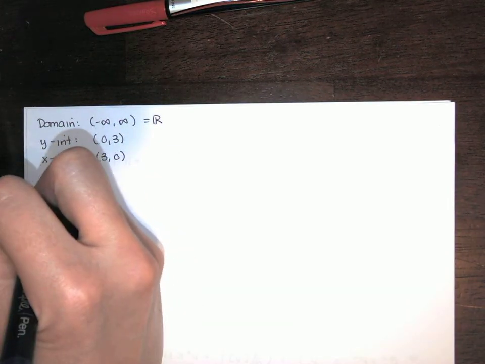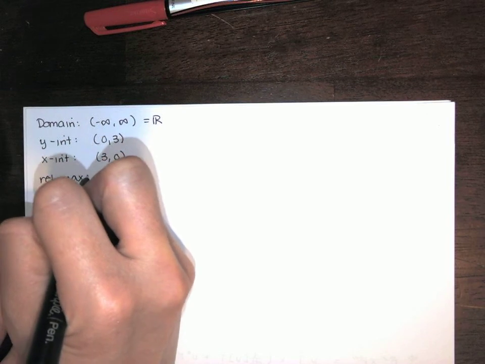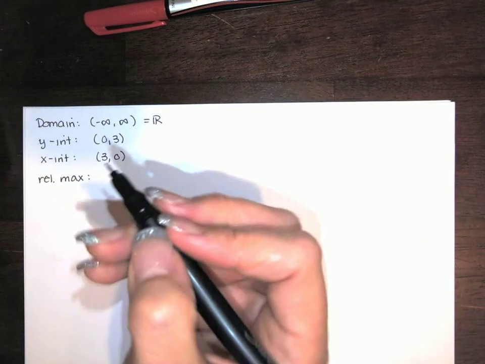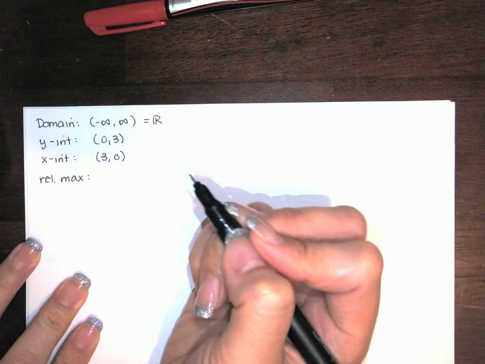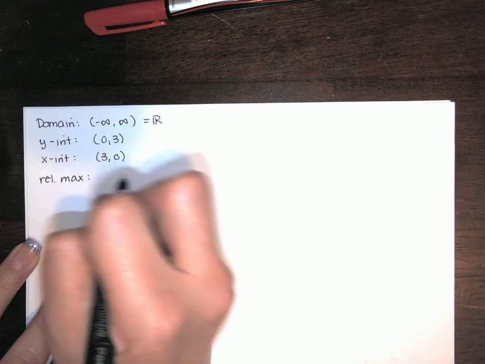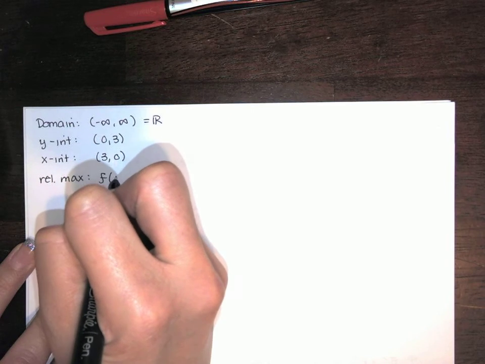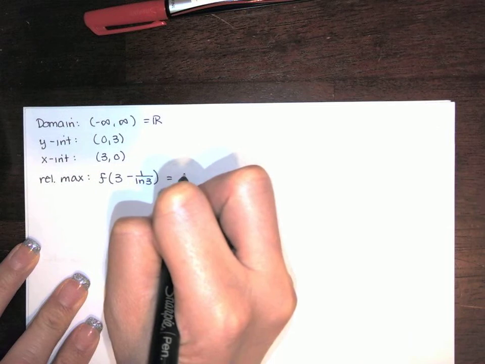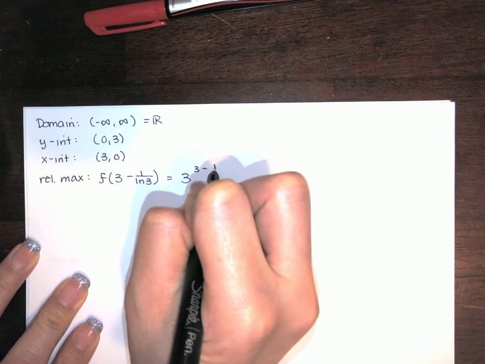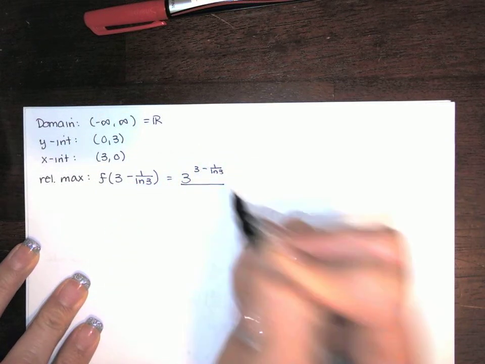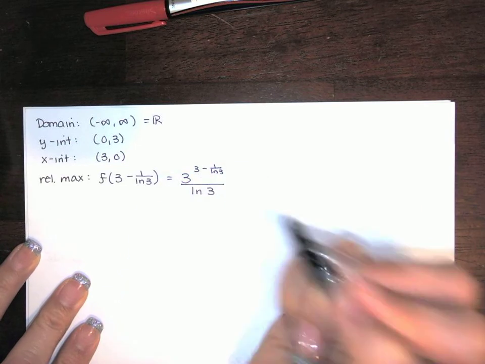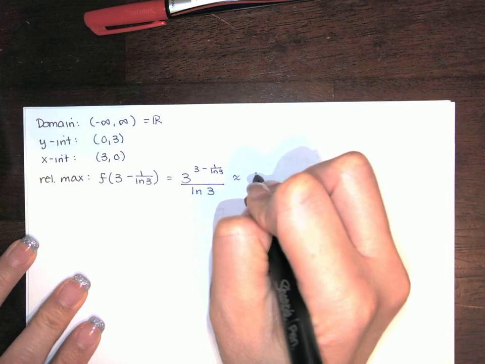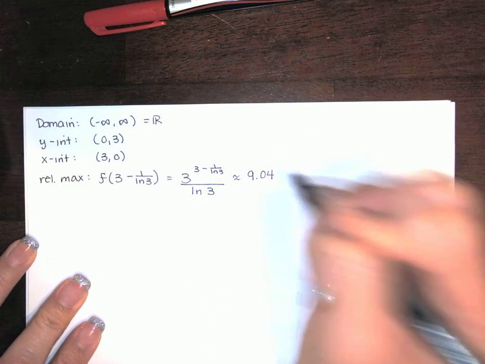We had a relative maximum. And the relative maximum was f of 3 minus 1 over natural log of 3, which is this value. Now again, WebAssign might want you to write it in ordered pairs, but the true relative maximum is actually the y value. And that's approximately 9.04.